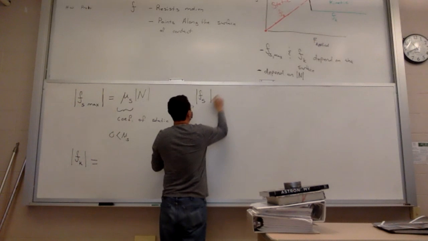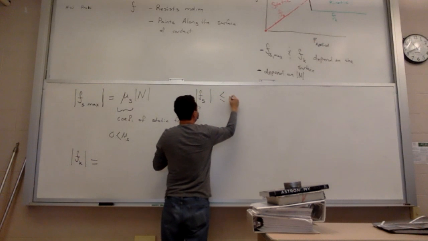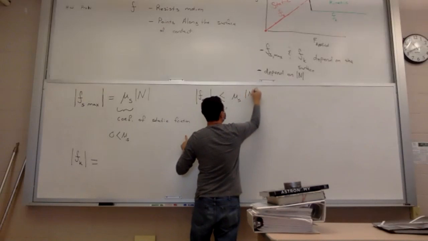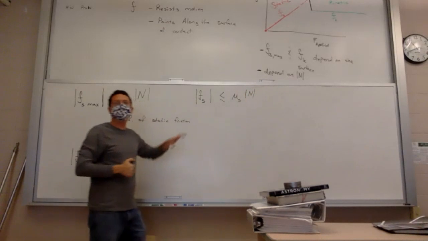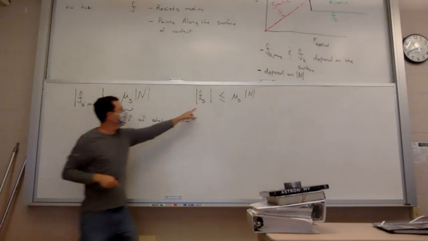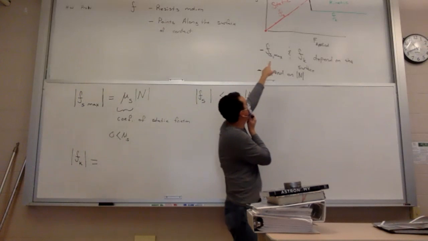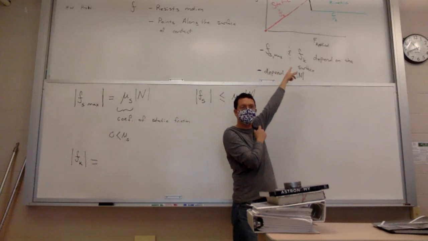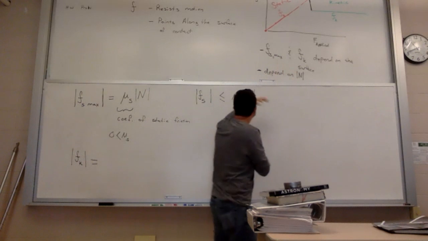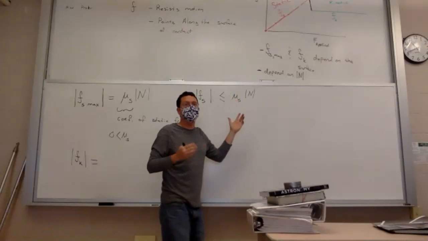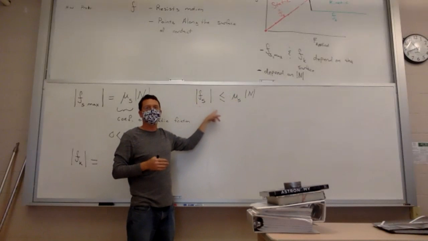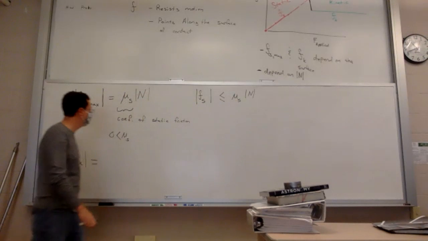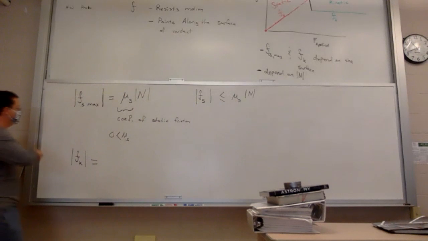They'll say the magnitude of that is less than or equal to mu sub S times the normal force. It's really saying the same thing. You can't say anything in detail about the red portion of the graph, but I do know that it's less than the blue dot. So that's all that's really saying. It's really the same information.